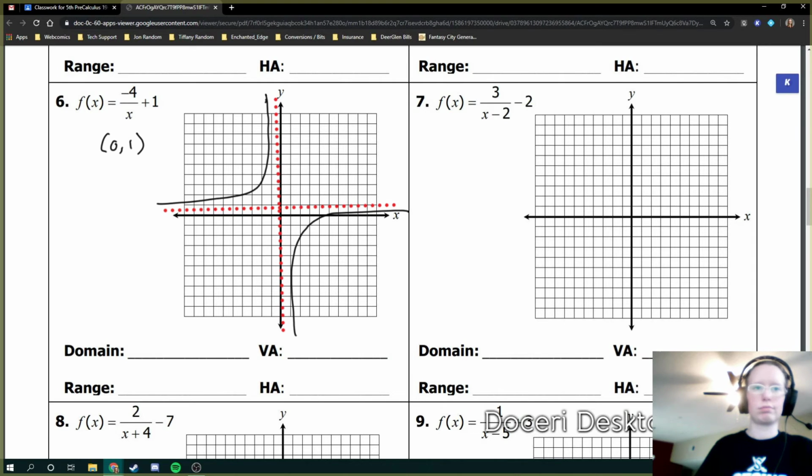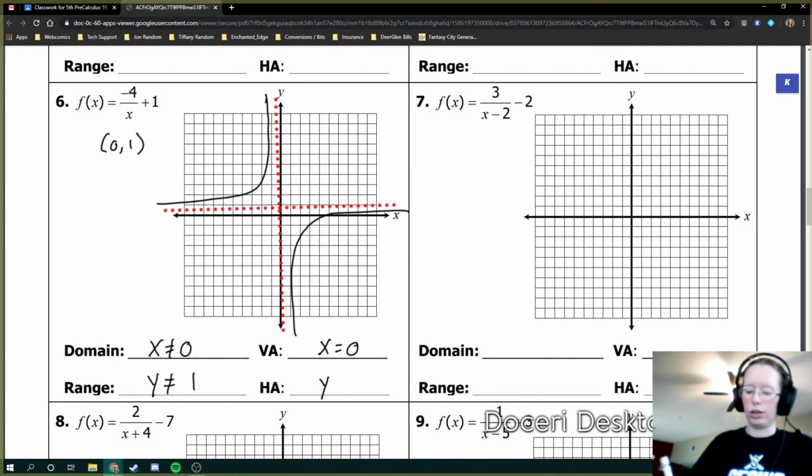Okay, doesn't really do much for the domain. The domain in this case is still can't be 0, and the range in this case can't be 1. So our vertical asymptote, our excluded value, is 0, and our horizontal asymptote is through 1.